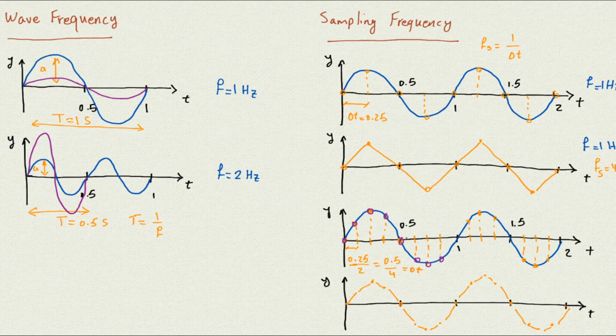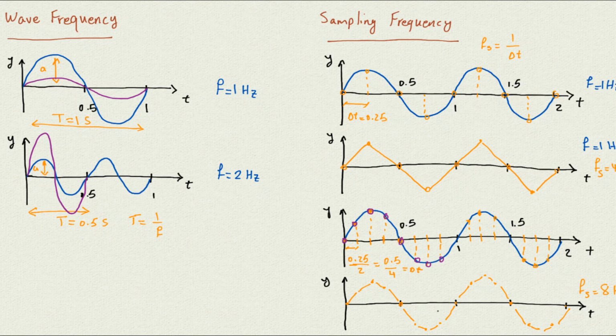So we have 8 data points. We measure 8 data points in 1 second. Therefore, our sampling frequency is going to be 8 Hz, which means that we measured 8 data points in 1 second.